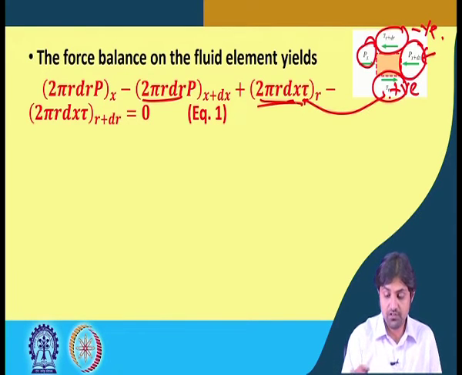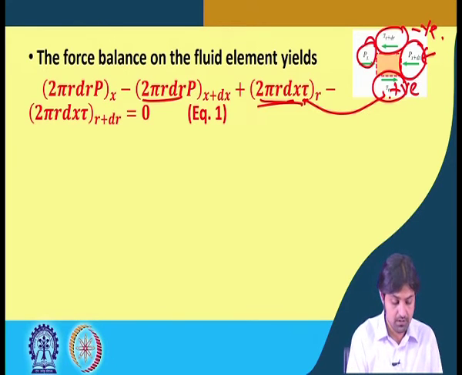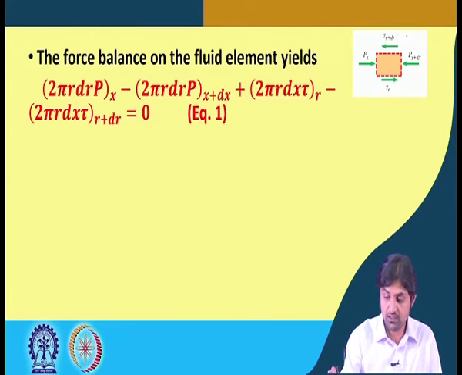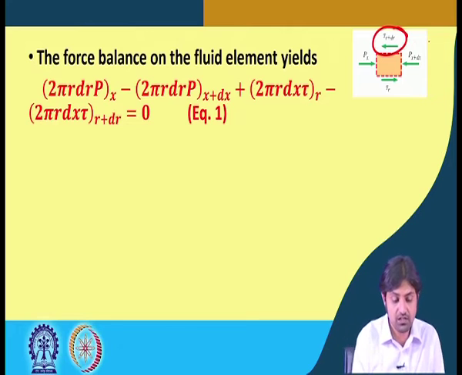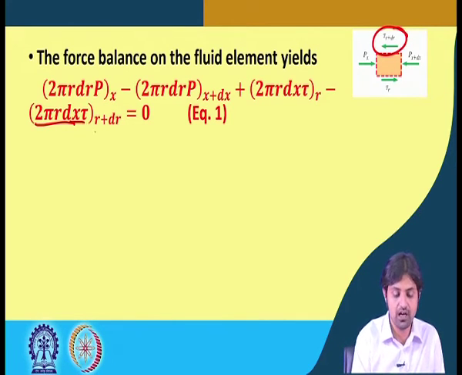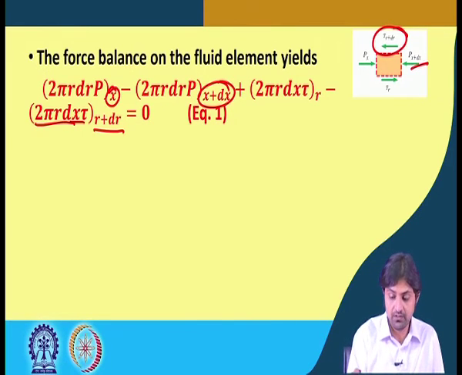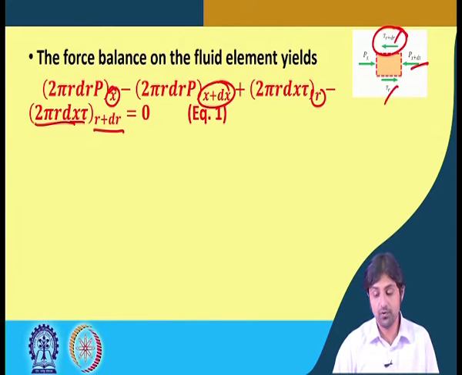So this was positive sign, 2 pi r dx is the area, and the shear stress is tau at r, minus, because it is in the negative x direction, same area 2 pi r dx into tau at r plus dr. So this denotes where this force is. It is at x, this is at x plus dx, this is at r, and this is at r plus dr. Okay.